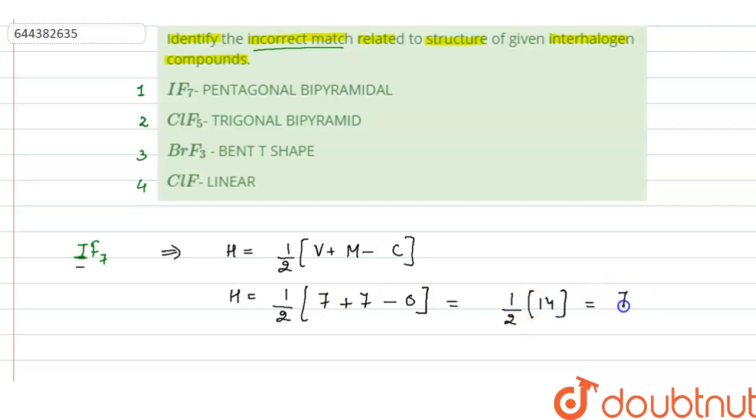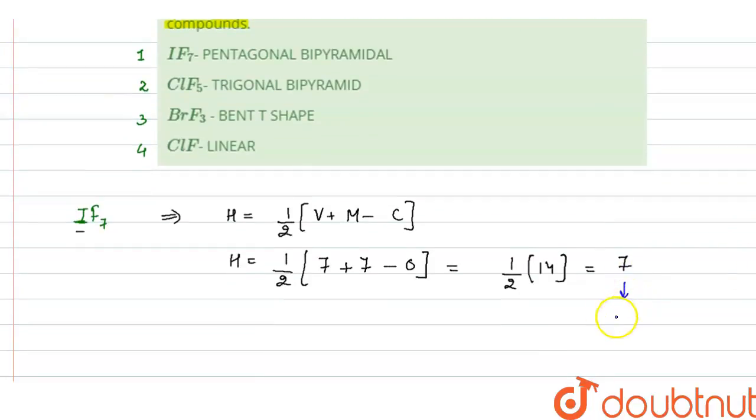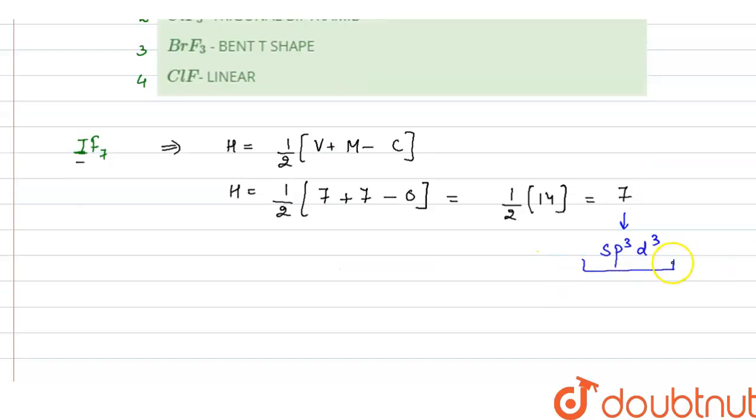So 14 by 2 will be 7. Now 7 means that 7 orbitals will get hybridized, so the hybridization will be sp3d3. According to this hybridization, the geometry should be pentagonal bipyramidal.